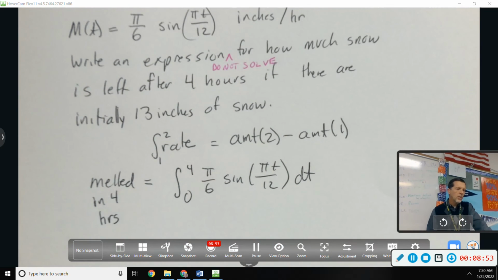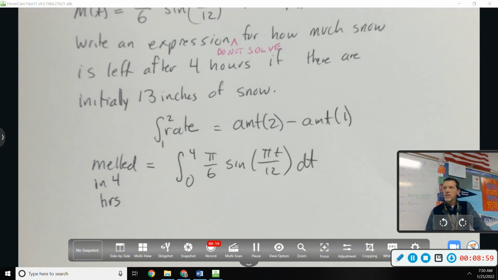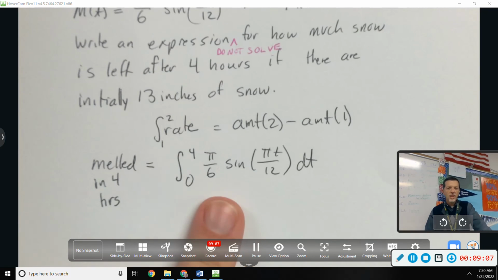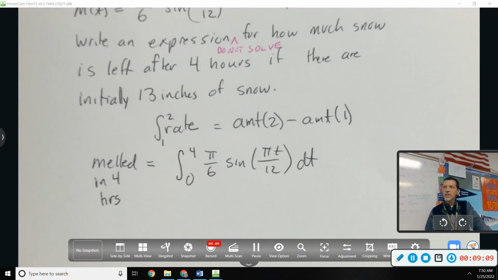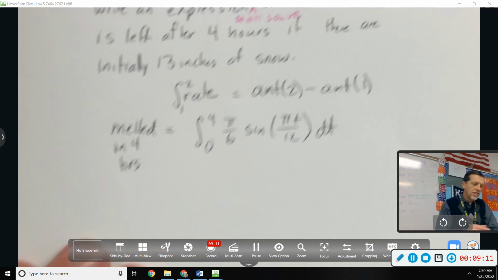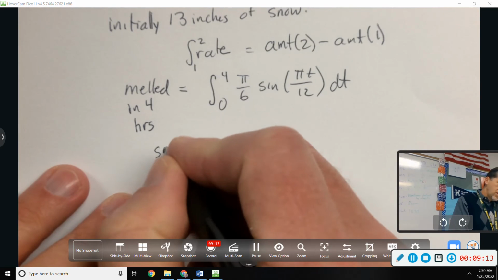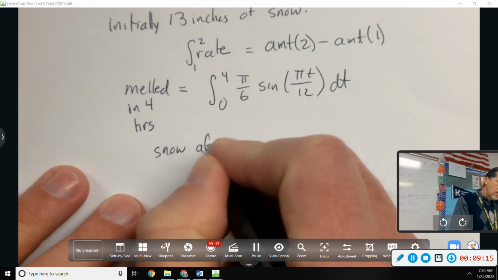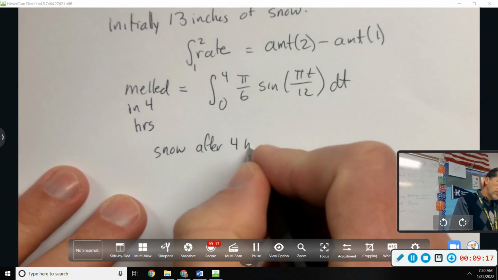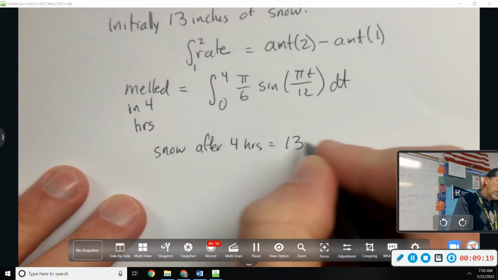But I want how much is left if there were initially 13 inches. So what should I do? I started with 13. That's how much is melted. Subtract. So the snow after 4 hours would be 13 minus.